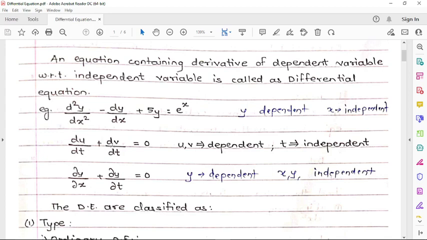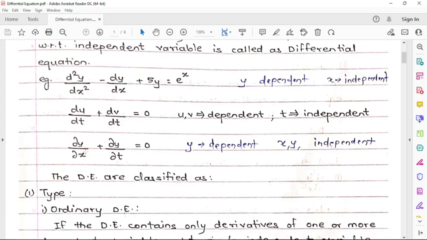So u and v are dependent variables and obviously small t is the independent variable. In the next example, dou y by dou x plus dou y by dou t is equal to 0. Here also y is the dependent variable and x and t are the independent variables.